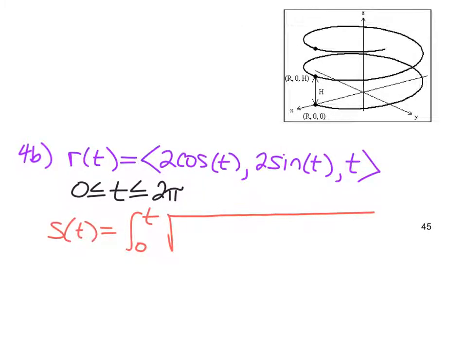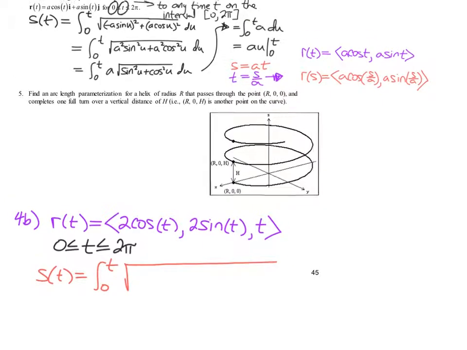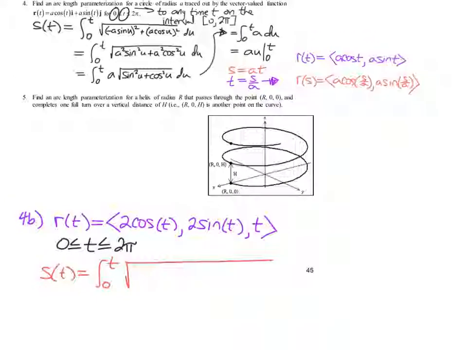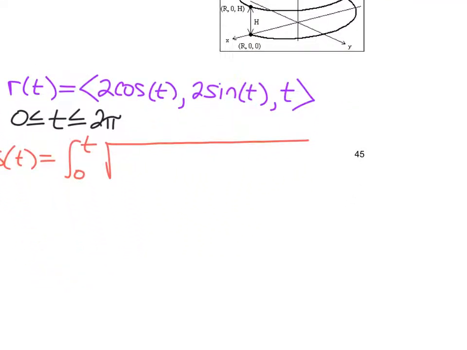Now these are the derivatives, so just comparing to what we did, we found the derivative of each part in terms of u, right? And then we went through the process from there. So that's what we're going to do here. So a lot of similar characteristics. So the derivative of 2 cosine t would normally be negative 2 sine t, but it's going to be negative 2 sine u.